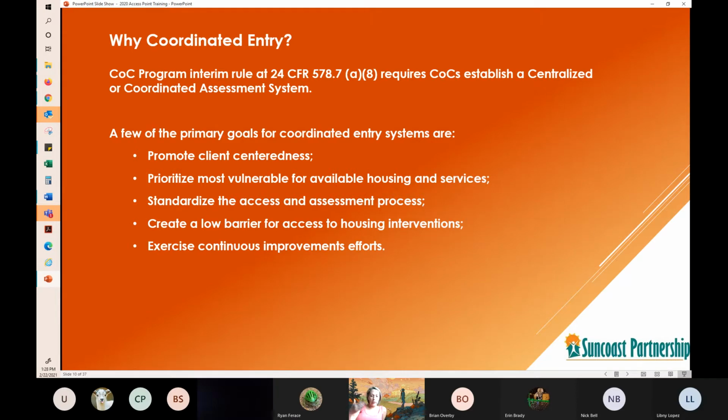The way we prioritize clients is to look at each of the records and each of the access point intakes that you guys create and triage it so that those who have been homeless the longest have the highest level of care, determined by looking at their VI-SPDAT to connect them with the appropriate housing resources.